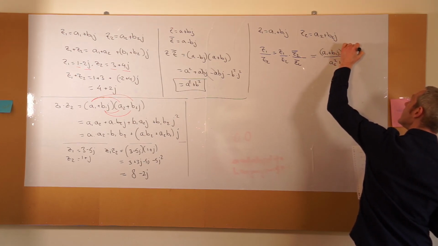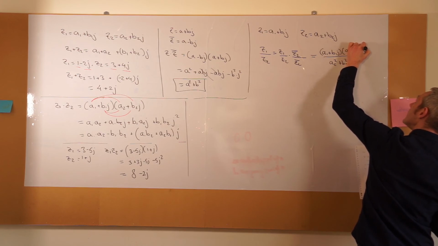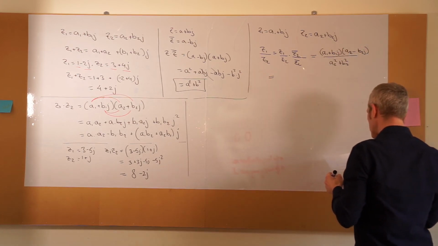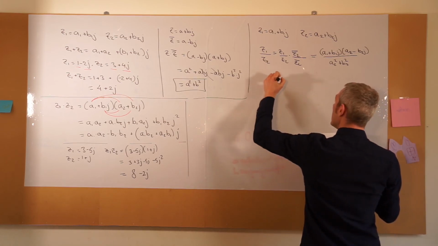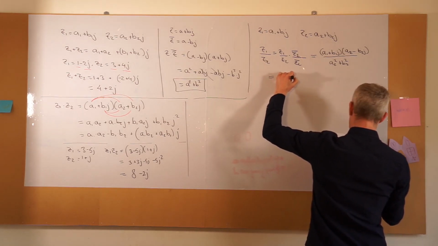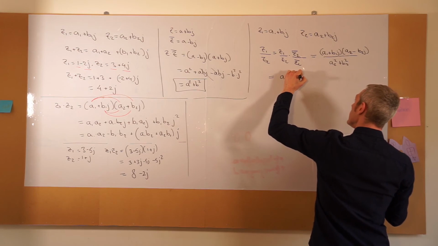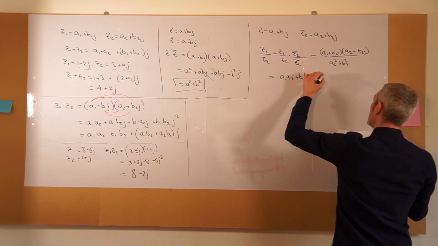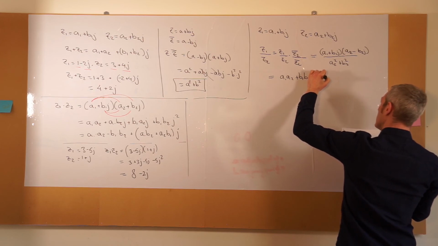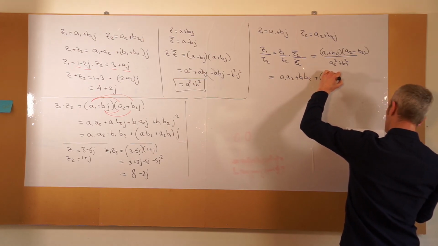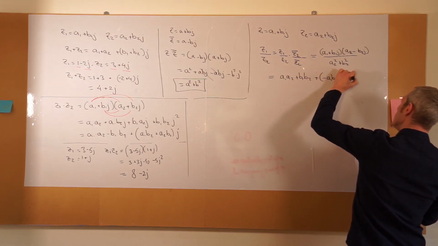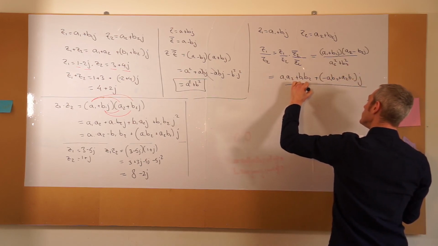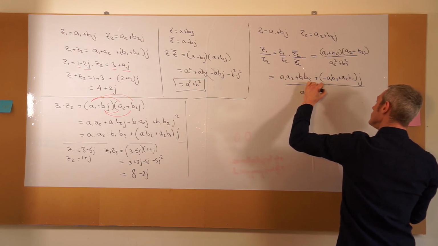So that's A2 minus B2 times J. And if we multiply this all out, we get A1 A2 plus B1 B2 plus minus A1 B2 plus A2 B1 times J, and the whole thing divided by A2 squared plus B2 squared.